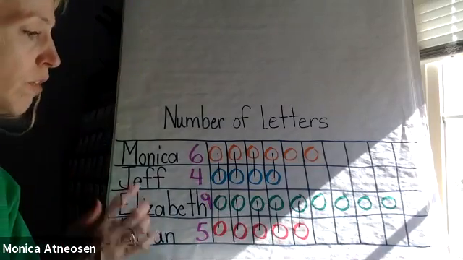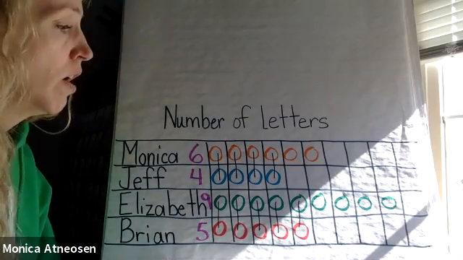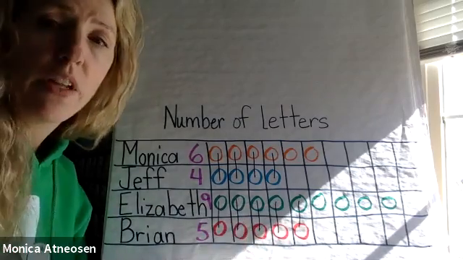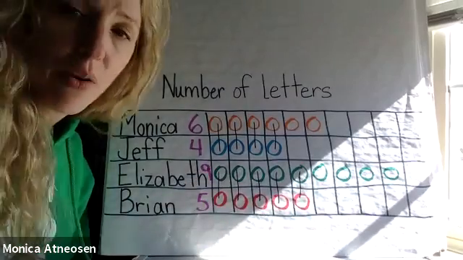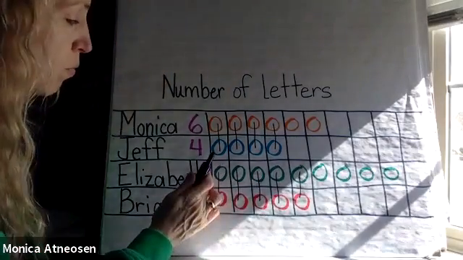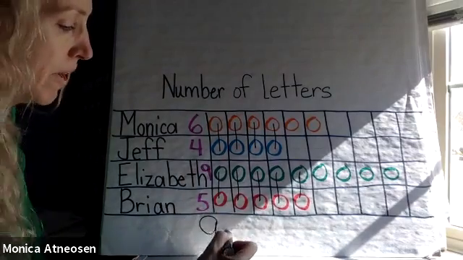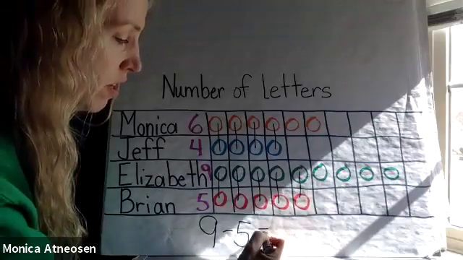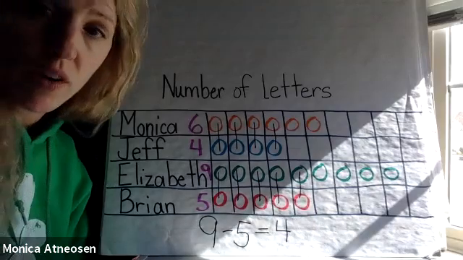Now, if we wanted to figure out how many more Elizabeth has than Brian, there's another trick we can use. We can use the numbers and we can use subtraction. We could go 9, she has 9, minus 5, he has 5, equals 4.